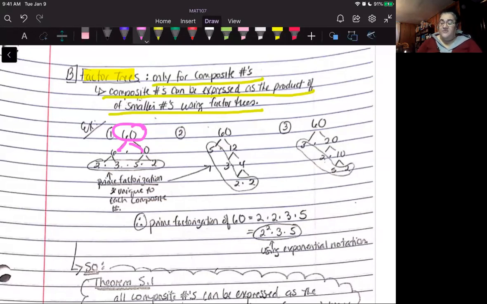So 6 can be factored into 2 and 3, both of whom are prime, so we hold on to those. And 10 can be factored into 5 and 2, which are also prime, so we'll hold on to those.